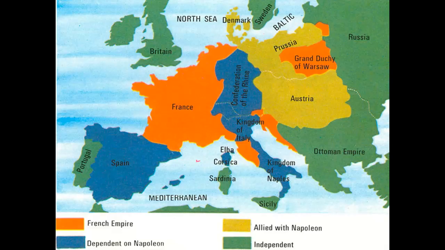The Confederation of the Rhine, I think, is useful to note because it does replace what was in place for a long time, which was the Holy Roman Empire. That comes about once France is successful in wars against Austria, and what ends up happening is the loss of land, which was the Holy Roman Empire.